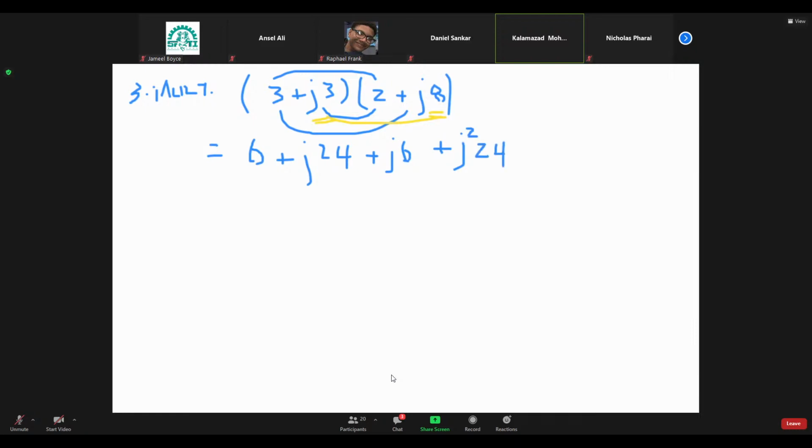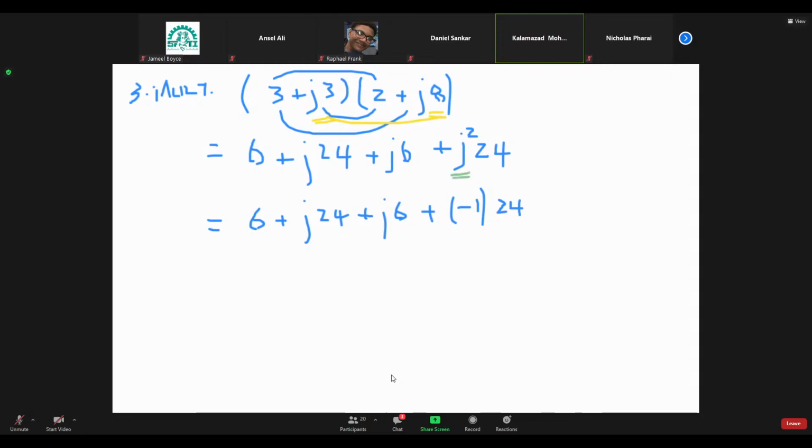So this is equal to 6 plus j24 plus j6 plus minus 1 by 24. All I did was replace j squared by minus 1.